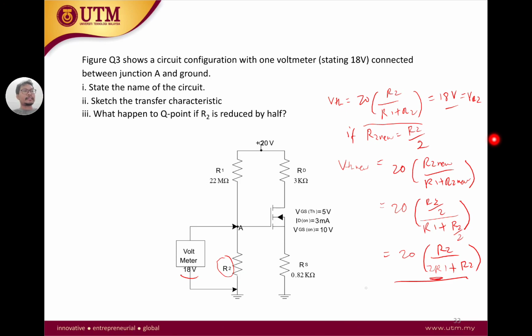So here you can say that a higher divisor, because now 20 R2 is the same. 20 R2 is just this value, on the R1. So if the divisor is higher, then what happened to VTH? So higher divisor, your VTH new is going to decrease.